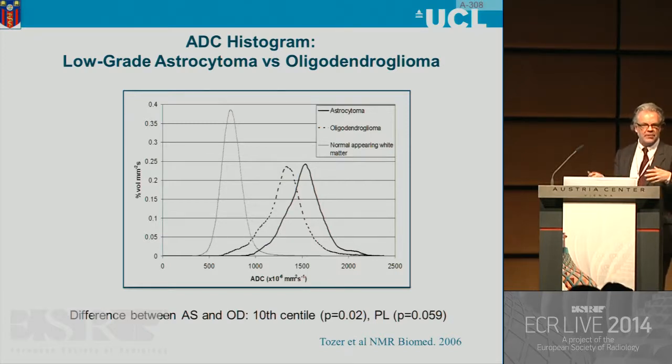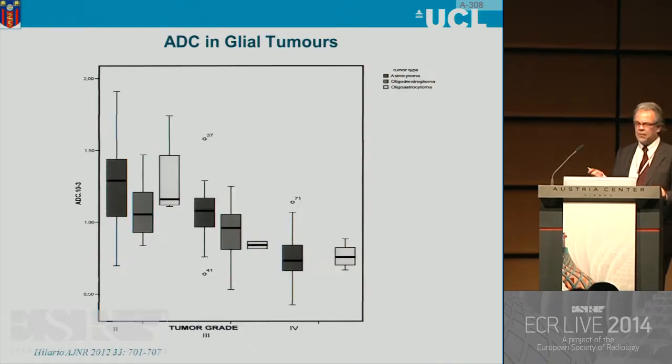So this is due to different cell counts, different matrix, and so forth. A recent publication in AJNR showed differentiation between WHO grades and also histological tumors. So you see, the more malignant it is, the lower the ADC gets, and even in the same group, the oligos are lower than the astrocytic tumors.